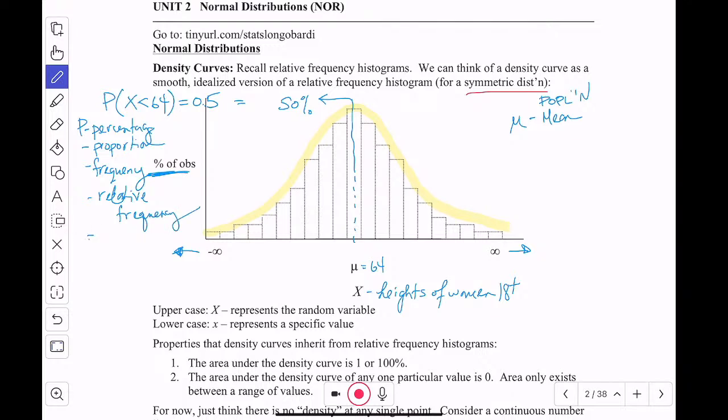And then the other word, because I'm looking at this as though it's the population, I can also talk about this being the chance or probability of seeing an observation less than 64. So this says, what is the proportion of observations under the curve that are less than 64? So when you see this, say under the curve.